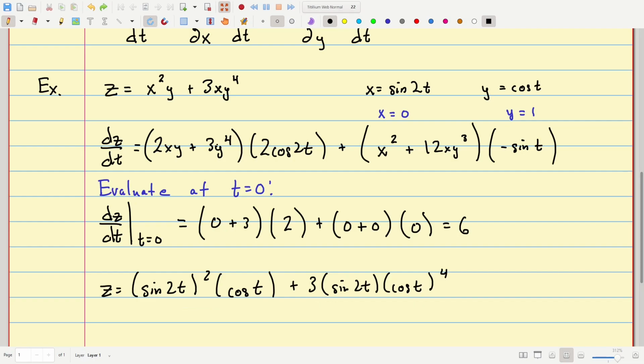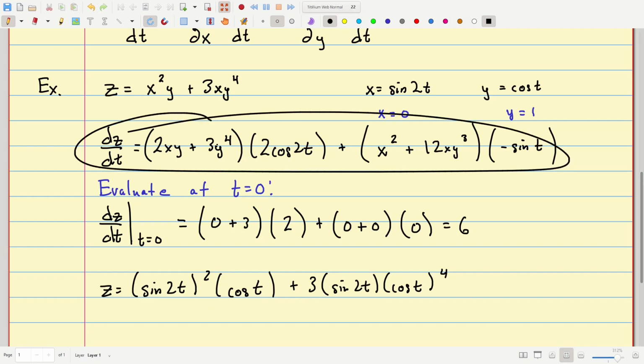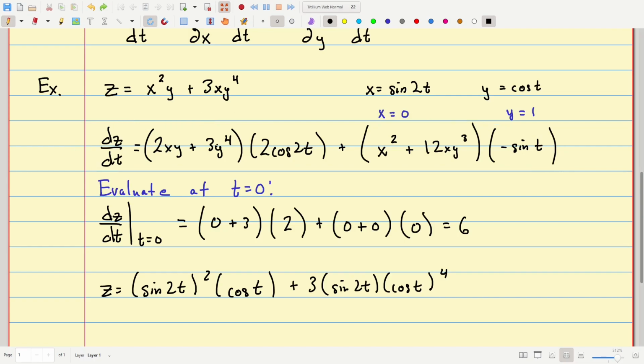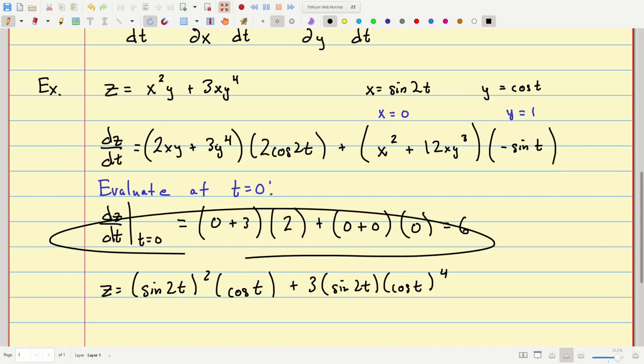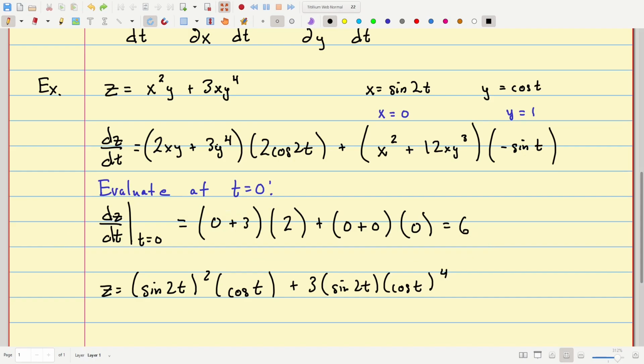We should get the same derivative formula if I plugged in x and y here, and also be able to reproduce this result. Right? That is a lot of product rule and chain rule to be doing. Okay, I'm not going to do that, but it should be true.